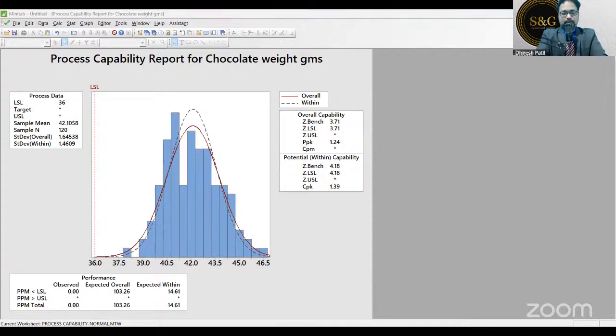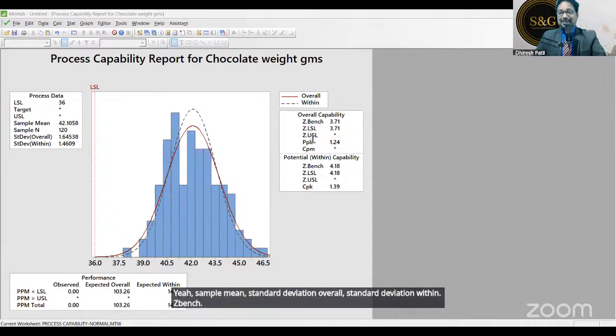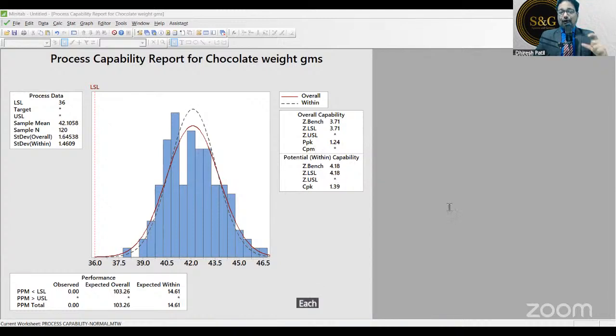For each and every formula, for example, sample mean, standard deviation overall, standard deviation within, Z bench, Z LSL, Z USL, PPK, CPM, each and every formula, I had taken a session.